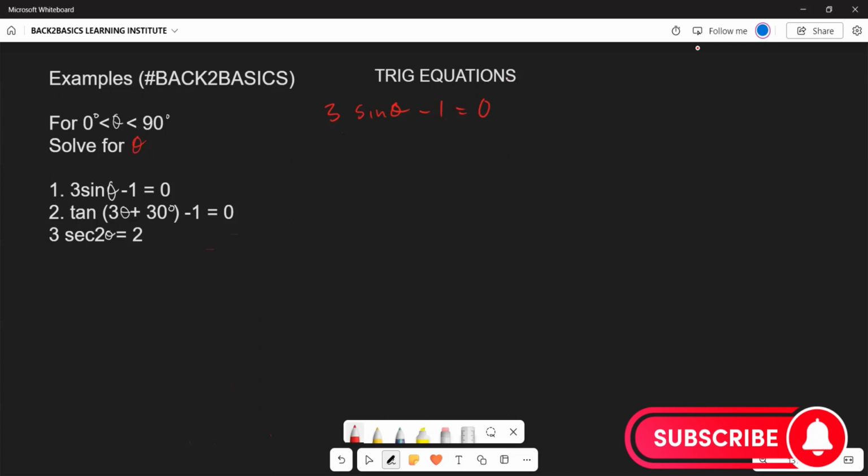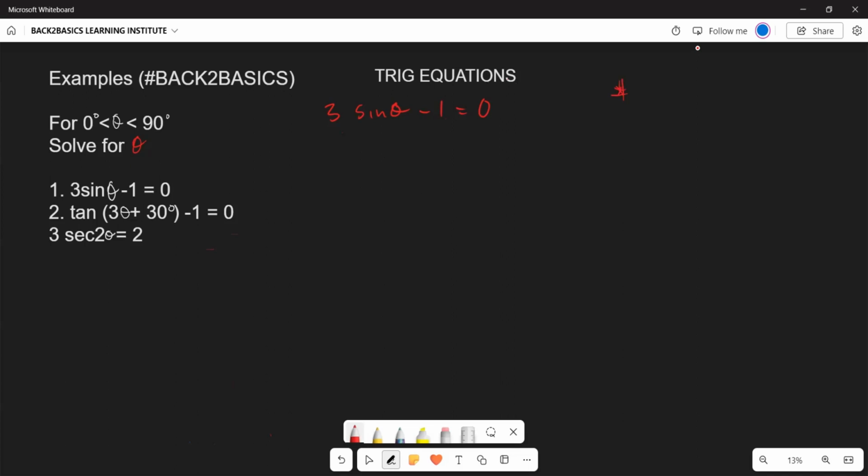Now, before we even start, I want to give you some steps to solve this. The first thing you need to do is isolate the trig ratio.